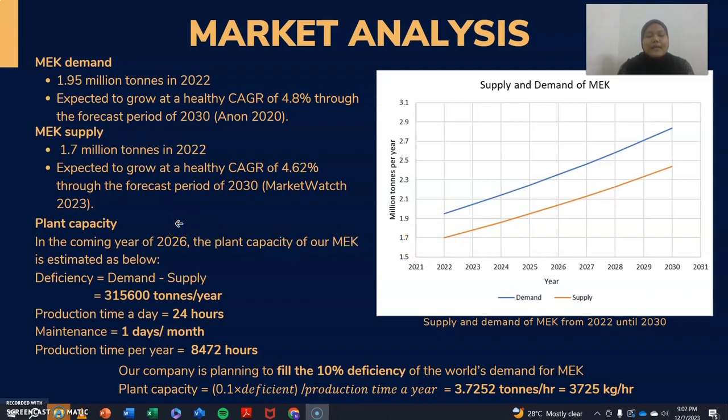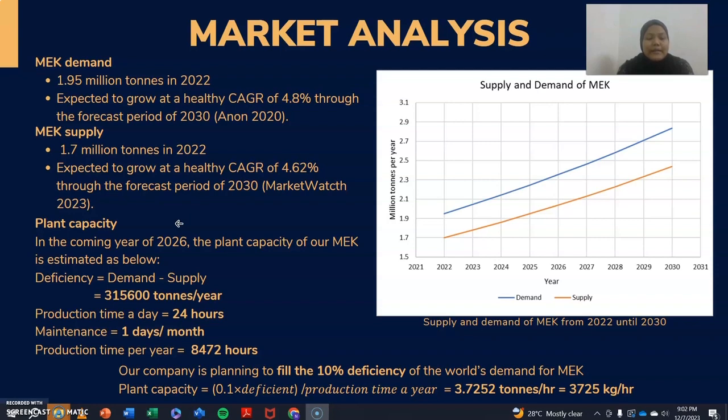For plant capacity, in the coming year of 2026, the plant capacity of our MEK is estimated as below. First, we calculated the global deficiency of MEK by using the formula of demand minus supply, and the value we get is 315,600 tons per year.